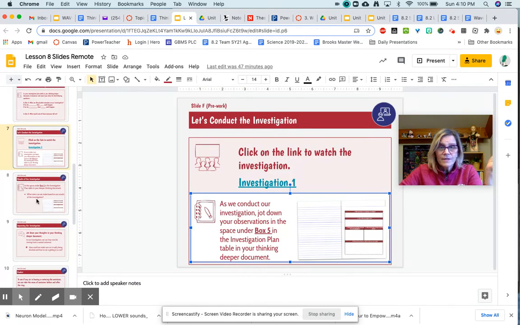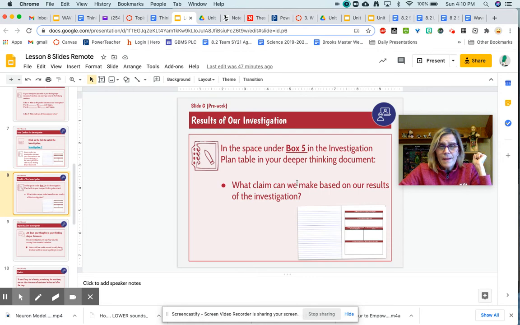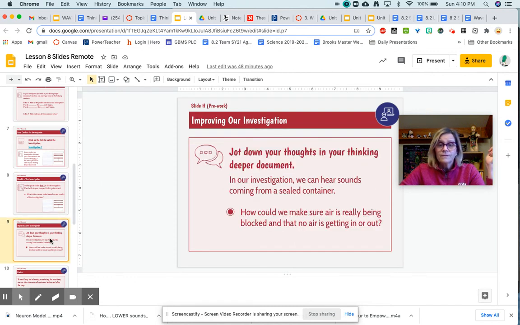All right. On slide G right here, in the space under box 5, what claim could you make about the results? What claim about how sound is traveling can you make based on the results of the video that you just watched? And basically you did hear sounds coming from the sealed container.